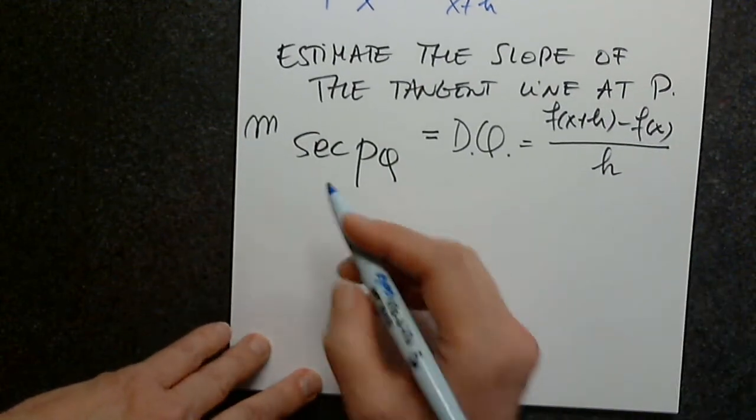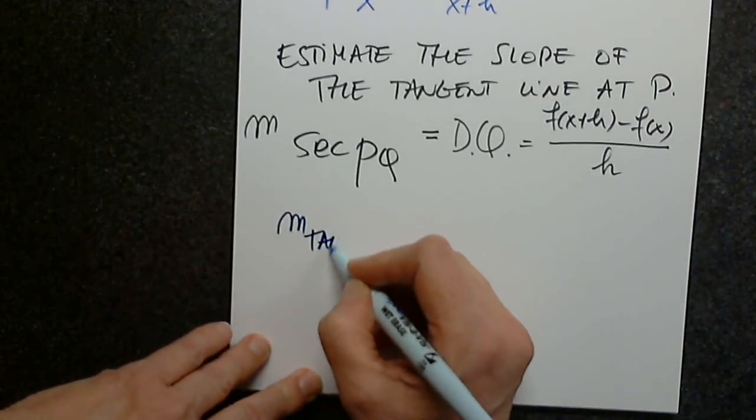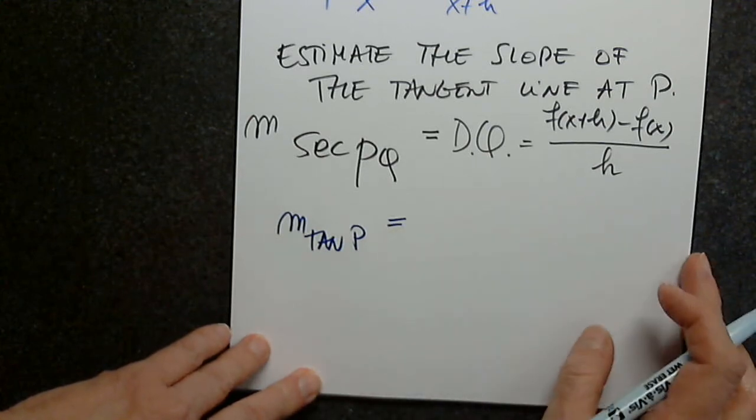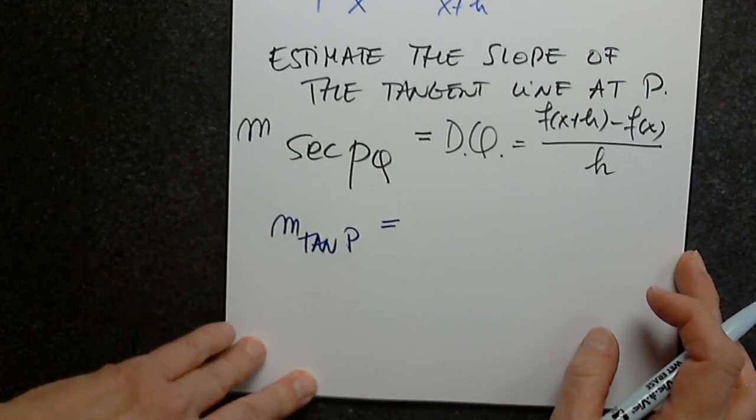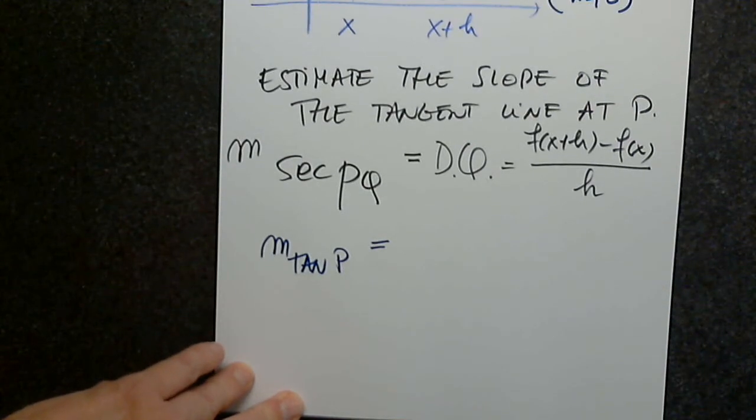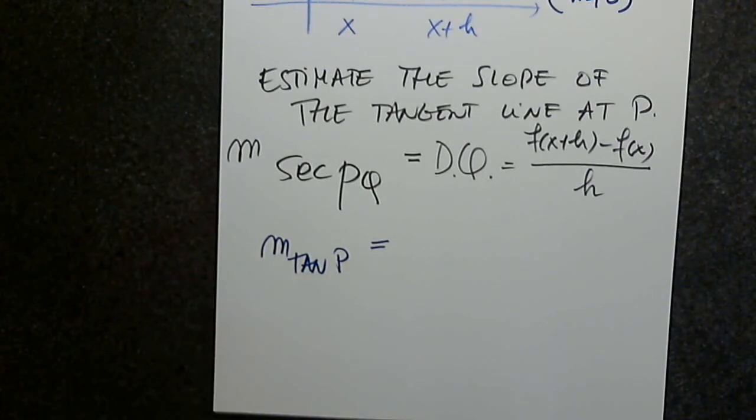What will it mean? The slope of the tangent at P will mean the rate of change of the function at that point, like the instantaneous velocity when you call me and say, look at your odometer, how much is it? What does it say?